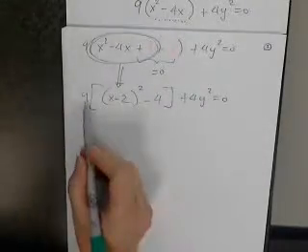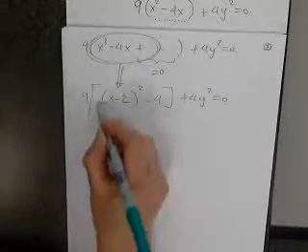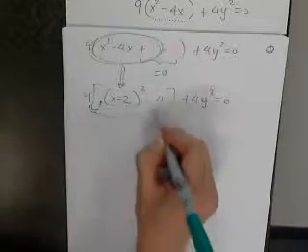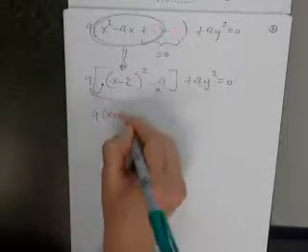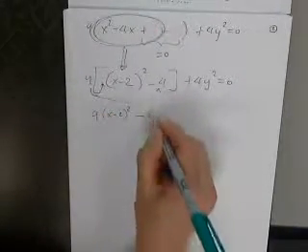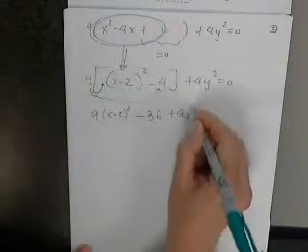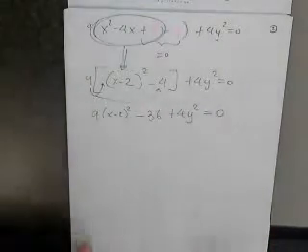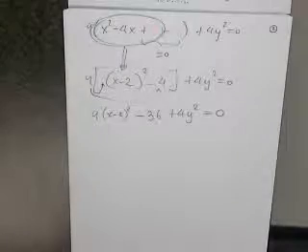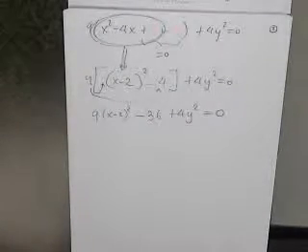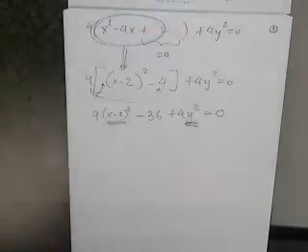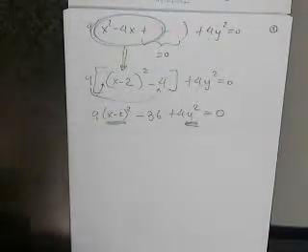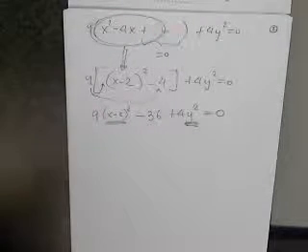Now I will have to distribute the 9 to these two terms right here in front. So 9(x - 2)^2 - 36 + 4y^2 = 0. I complete the square with x and I complete the square with y. It's a lie. Completing the square with y was already there. So now what do I do? What would you recommend?